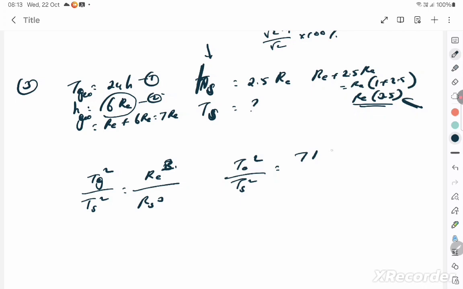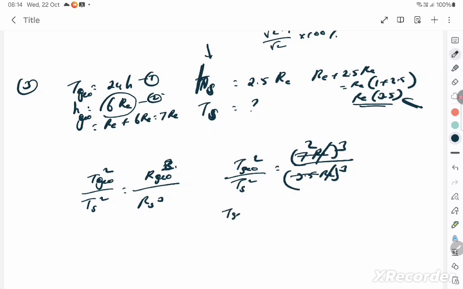T geo square by T satellite square is equal to R geo cubed by R satellite cubed. So that is 7 Re the whole cube by 3.5 Re the whole cube, where Re cube will get cancelled. This will be 2 cubed, that is 8.